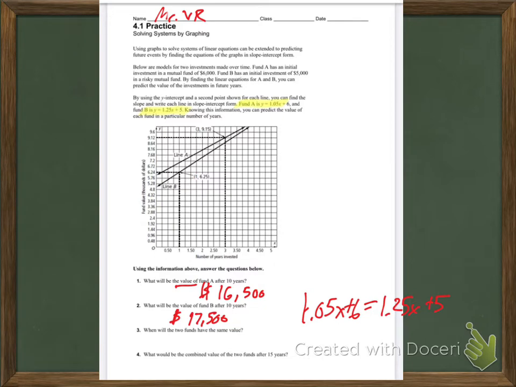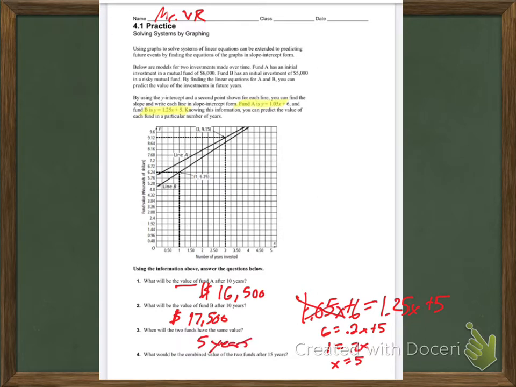Okay, so then I'm going to minus 1.05x on each side, so it's going to cancel this out, and I'm going to get 6 is equal to 0.2x plus 5. I'm going to minus the 5. I'm going to get 1 is equal to 0.2x, and then x, if I divide that, will be 5. So that's going to be 5 years.